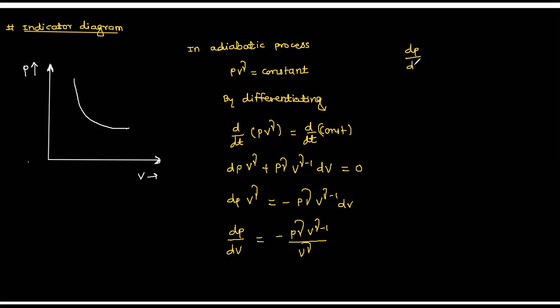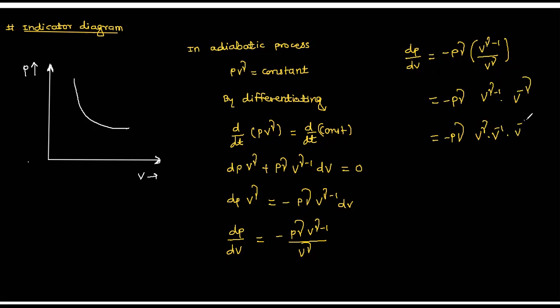So dP by dV is equal to minus P gamma times V^(gamma minus 1) divided by V^gamma. Right? Now I'm transferring this up, so V^gamma becomes V^(minus gamma). Can I write it like this? Minus P gamma V^gamma into V^(minus 1) into V^(minus gamma). Check it once.